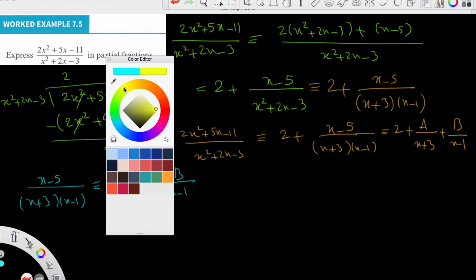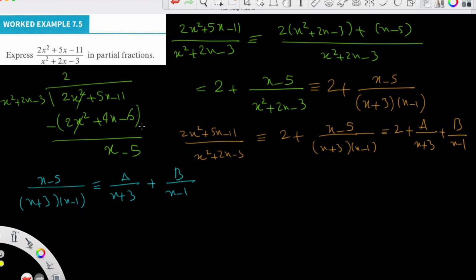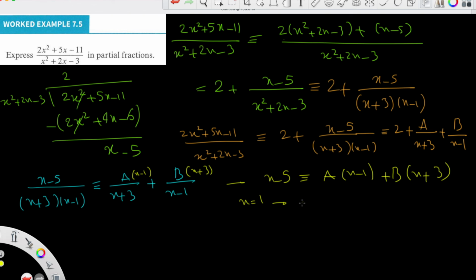Now if you take the common denominator, x − 5 is equivalent to a(x − 1) plus b(x + 3). Now if x is 1, it will be −4 = 4b, so b will be −1.